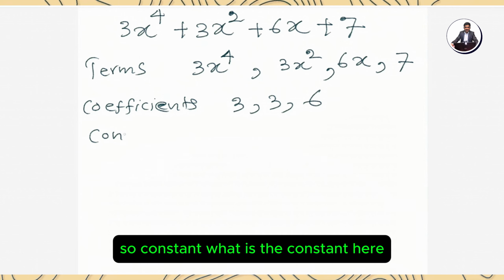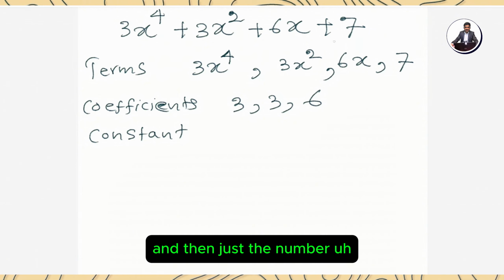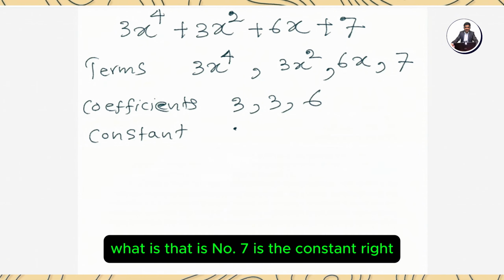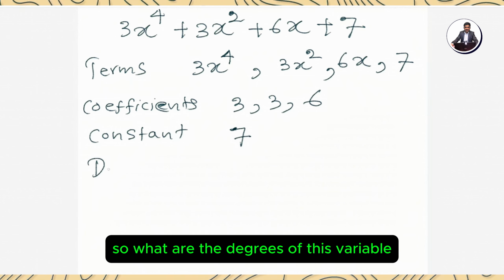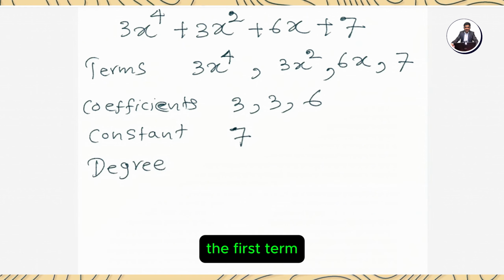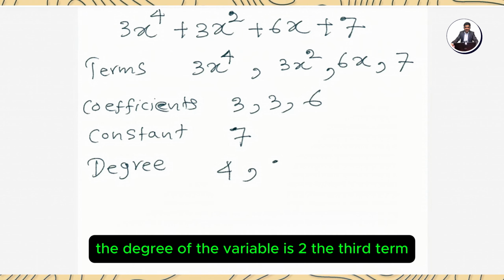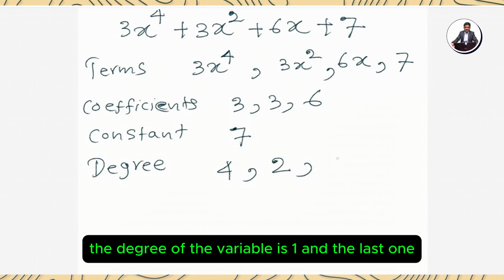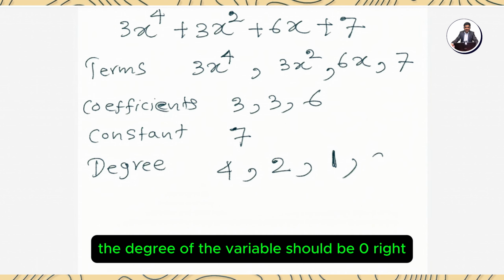We take 7 as a constant. If we don't have any variable and it's just a number, that is the constant. So 7 is the constant, right? What are the degrees of this variable? The first term, the degree of the variable is 4. The second term, 2. The third term, 1. And the last one, the degree should be 0, right?